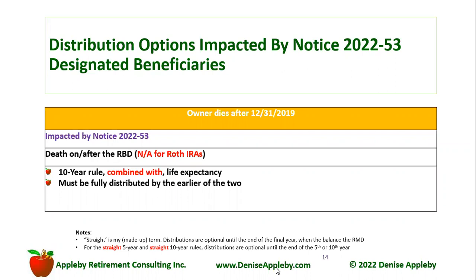But if the original beneficiary had 20 years left, then the successor beneficiary only has 10 years. If the original beneficiary was a designated beneficiary subject to the 10-year rule and they die, say, in year 5, then the successor beneficiary only has 5 years left.